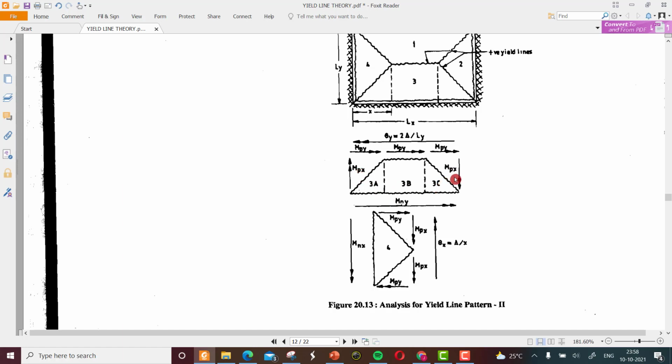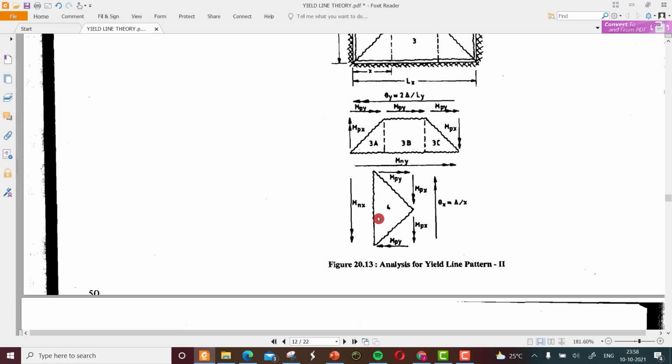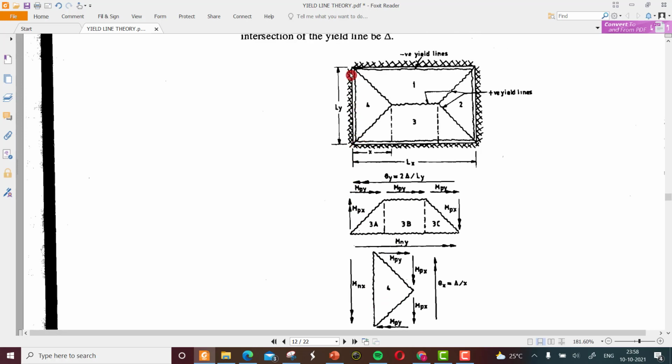MPX are there on both sides, and we have MPY perpendicular to the MPX. So this gives the FBD, and similarly for the segment 4 also we have the fixed end here.